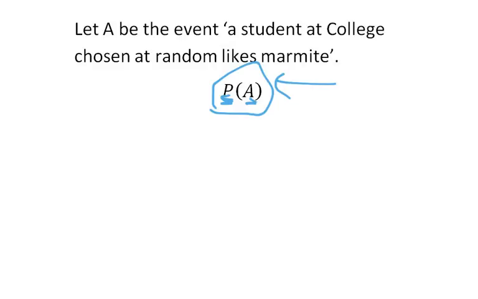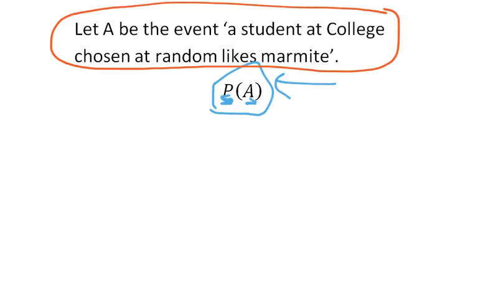So this means the probability that event A happens, the probability that a student at college chosen at random likes Marmite. Once you've defined the event up the top here, writing P(A) is much quicker than saying the probability that a student at college chosen at random likes Marmite. So hopefully you can see the usefulness of the notation.